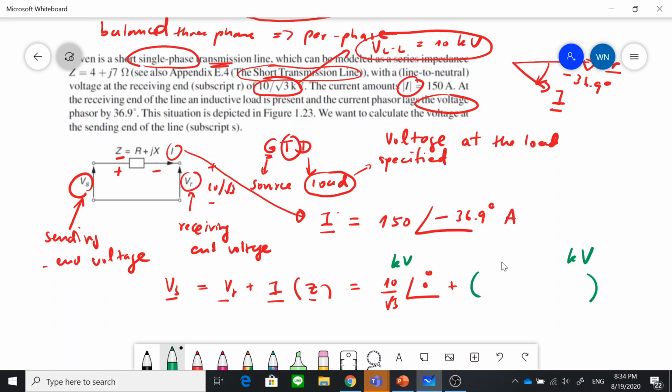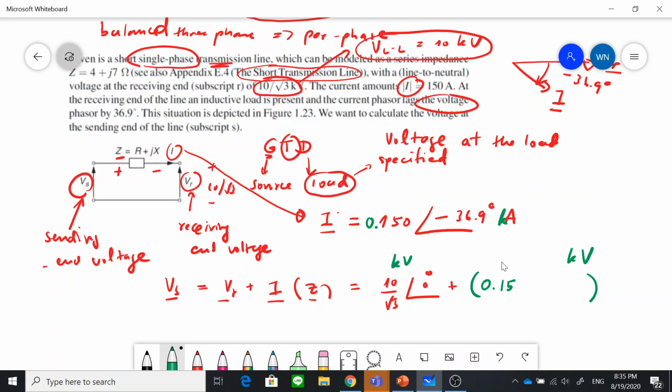So if I change this to kiloamps, it becomes 0.15 and the angle is unchanged, because you just divide it by 1000 and the angle is unchanged.